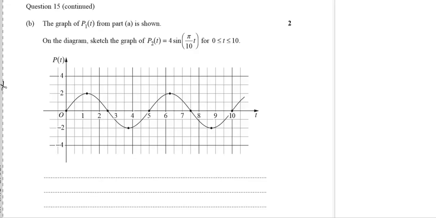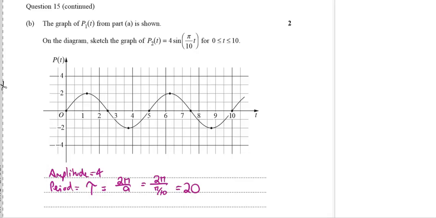First of all, we can see that the amplitude is going to be 4. Period equals tau equals 2 pi on a, which in this case is 2 pi on pi on 10. So I get 20. I'm only being invited to sketch it for t up to 10, so I can see that only half of my sine wave is going to fit in the first 10 milliseconds.